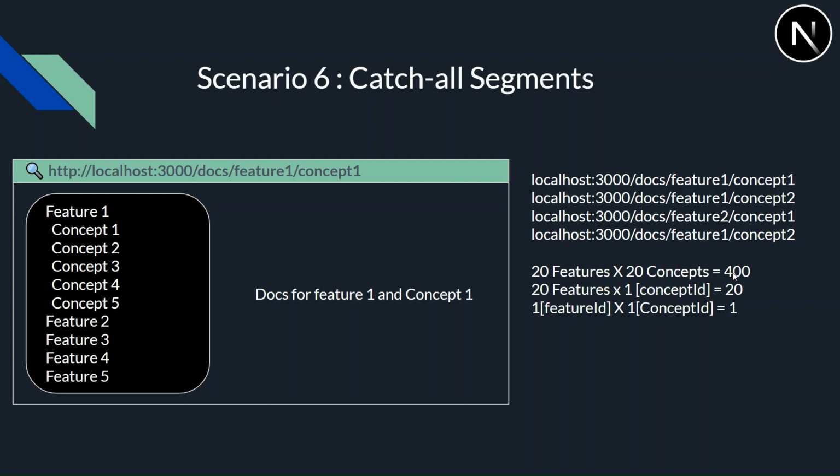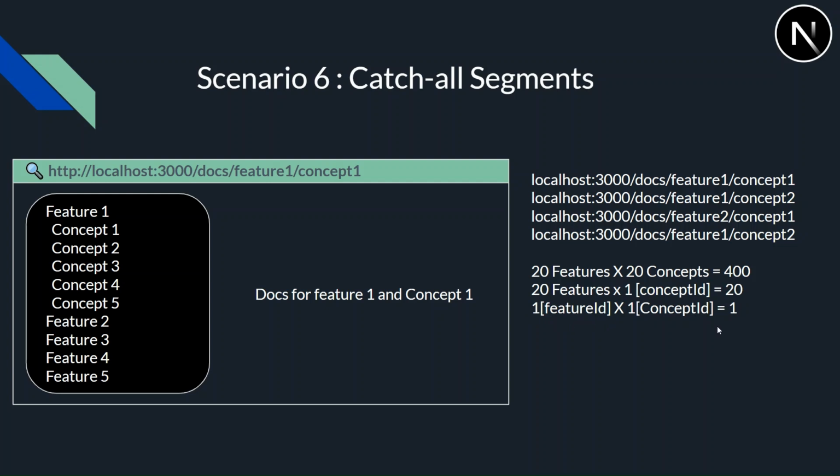We can solve this problem with the help of dynamic routing. We create a folder with the concept ID which will handle all the IDs related to the concept, so it will decrease to 20. Now if we also make the feature ID dynamic routing, then we will have just one route.